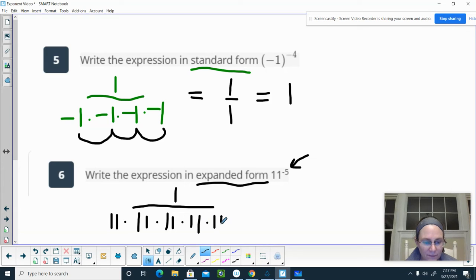Notice it's positive 11, not negative 11. Look at that base. It's just positive 11. So we're going to have 1 over 11 times 11 times 11 times 11 times 11. And that is written in expanded form.